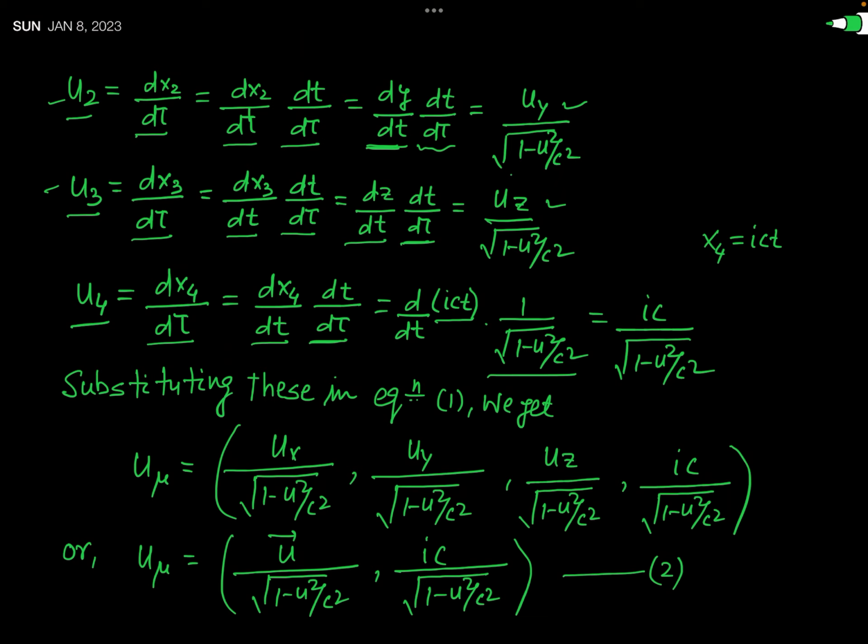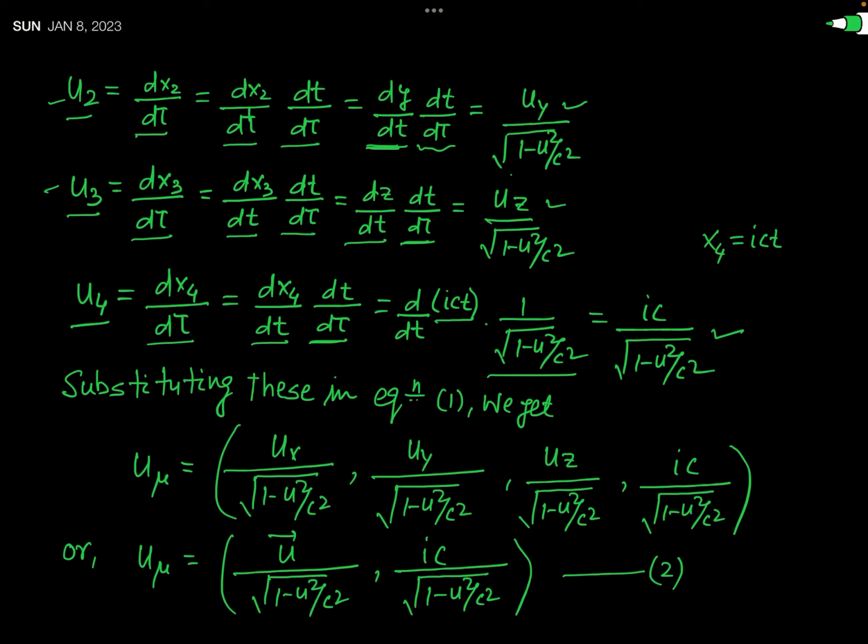Now ic is constant and dt will be 1. So this derivative will be simply ic. So this u4 is equal to ic over square root of 1 minus u square by c square. So you can see in this way we have obtained all the four components of this velocity 4 vector.